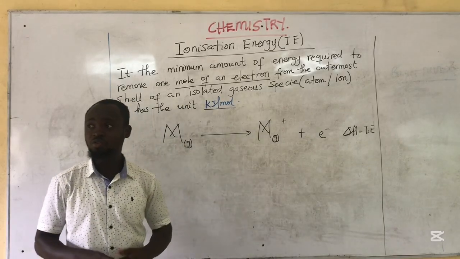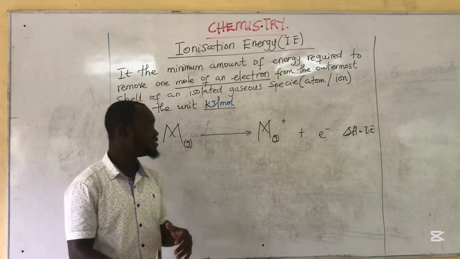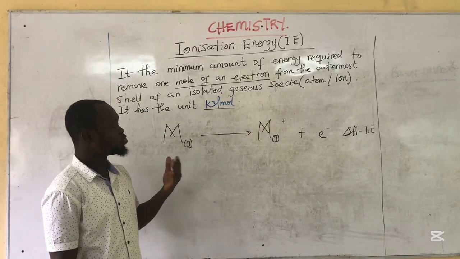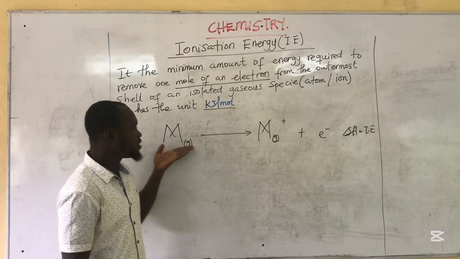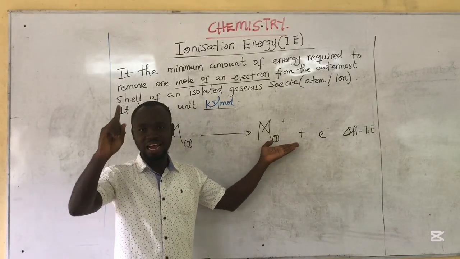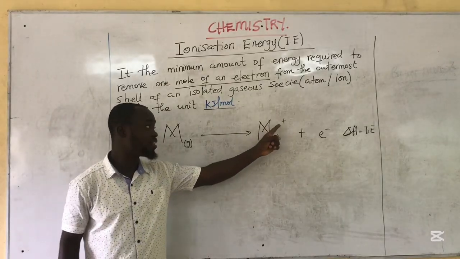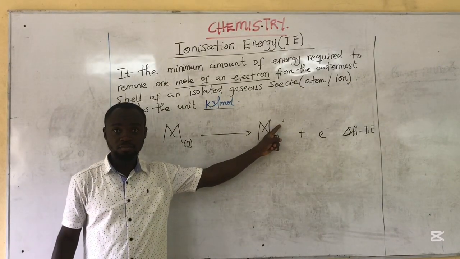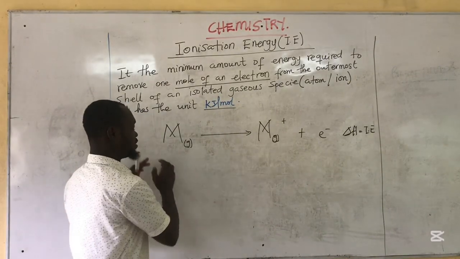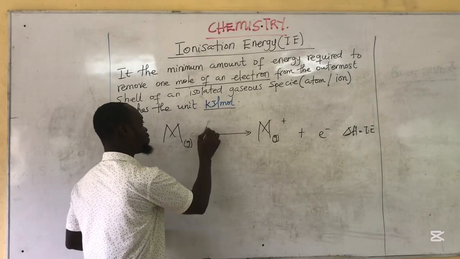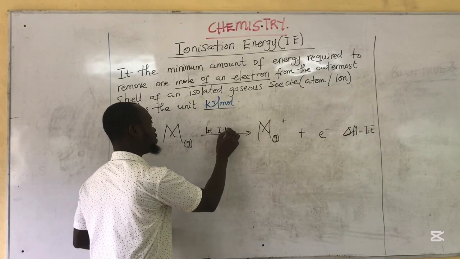Please also don't forget that this equation illustrates the first ionization energy, because we've removed only one electron, indicated by the +1 charge. So this is the first IE.